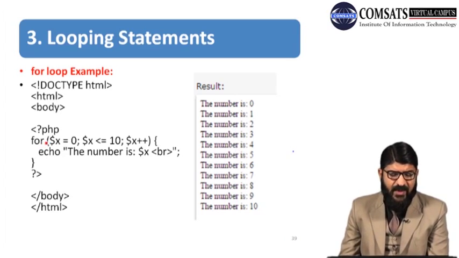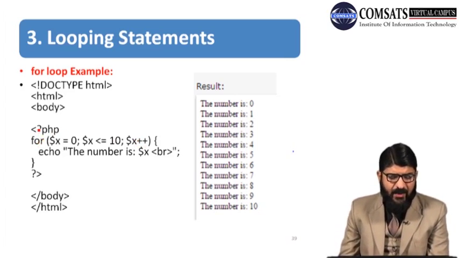The variable x is assigned an initial value 0, the statement is closed with a semicolon, the variable x is checked so that it should be less than 10, and then you have mentioned to increase the variable after each iteration. So what is the output?